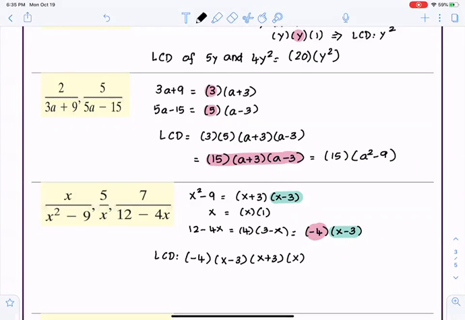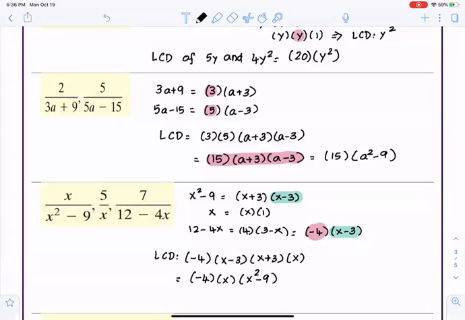Same logic with x as well. So we would have negative 4 multiplied by x, times x minus 3, times x plus 3. We know x minus 3 times x plus 3 is x squared minus 9.